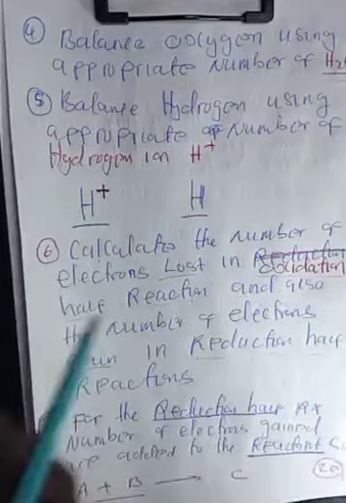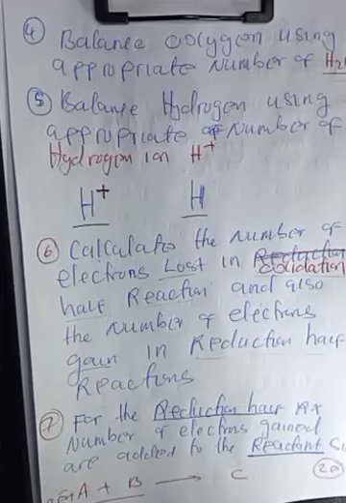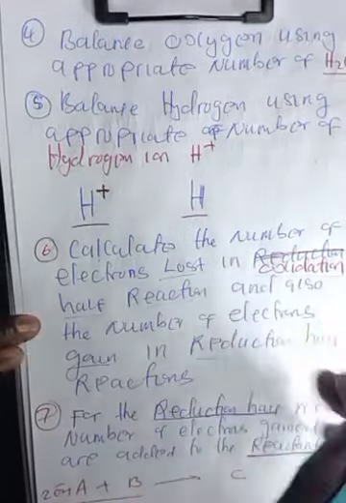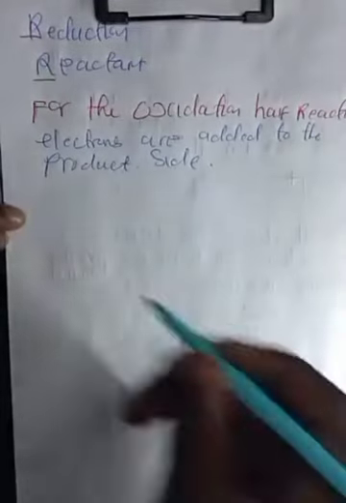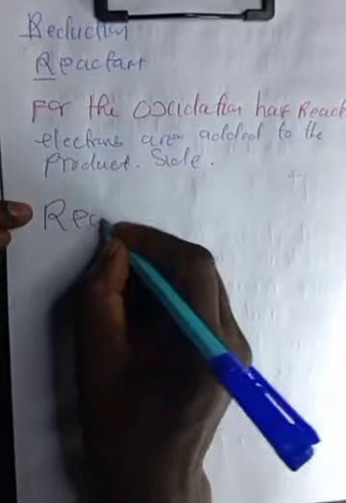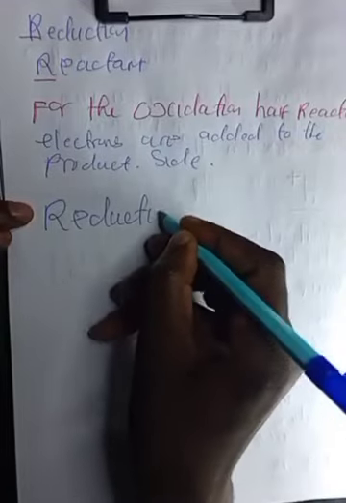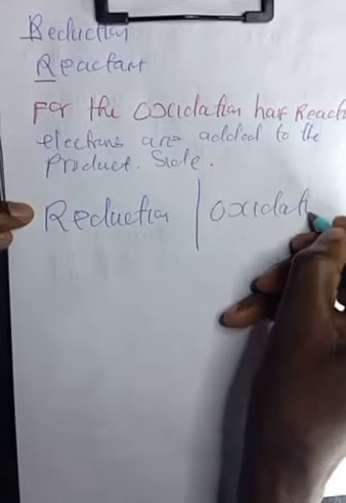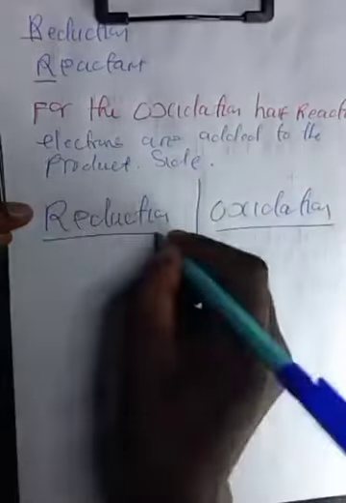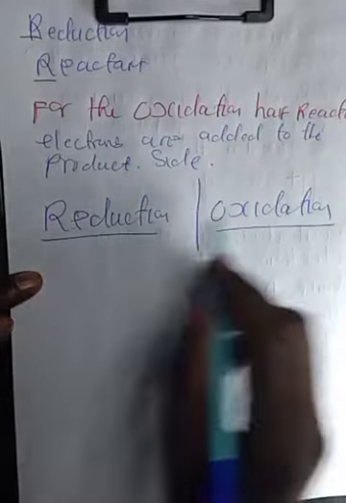Now, what do we do with them? What are these electrons for? We have two half reactions, reduction and oxidation.